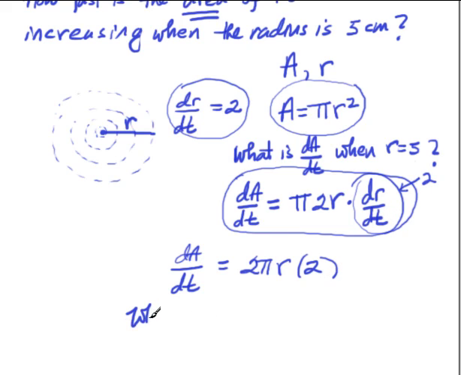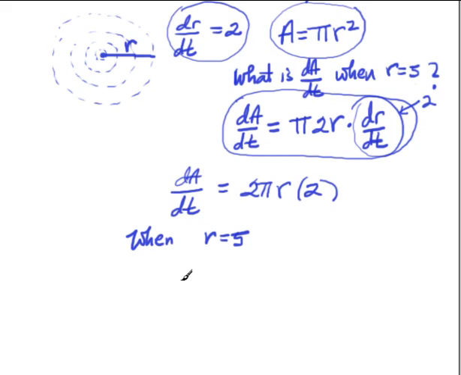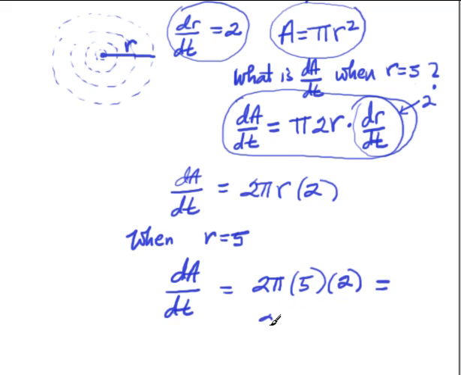And now when r is equal to 5, because we want to know when the radius is 5, we substitute r equal 5, and we have dA dt is equal to 2 pi times 5 times 2. 5 times 2 is 10, times 2 is 20, so that's 20 pi. And what are the units?